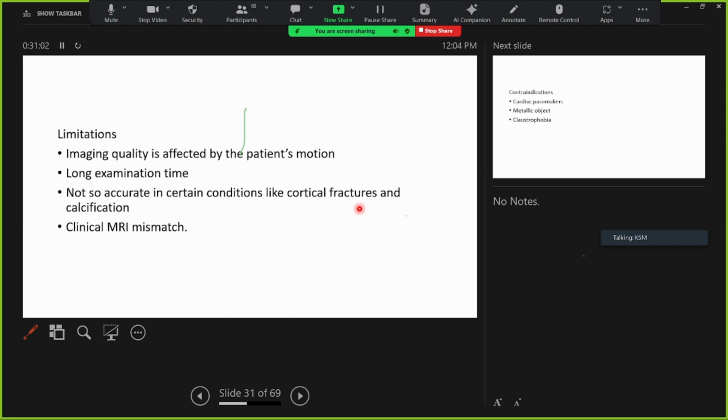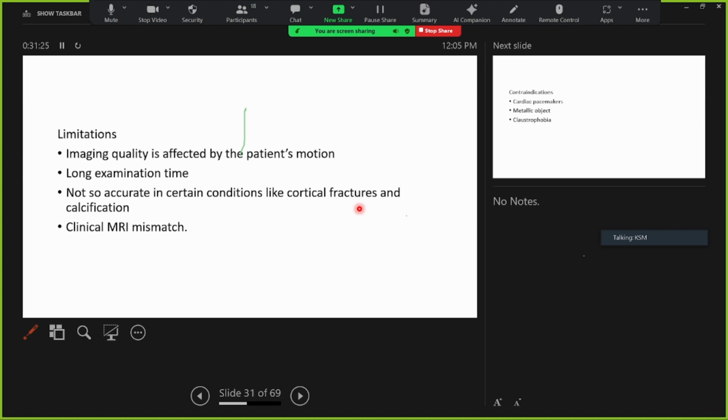But there are some limitations. If there is an uncooperative patient or a patient can't stay in the MRI room for a long time, the image quality is affected by patient motion. And then there is the long examination time. Some patients can't stay the at least 15 to 30 minutes it takes for an MRI spine.